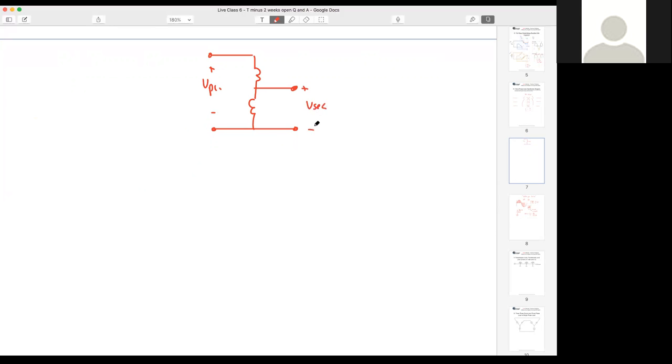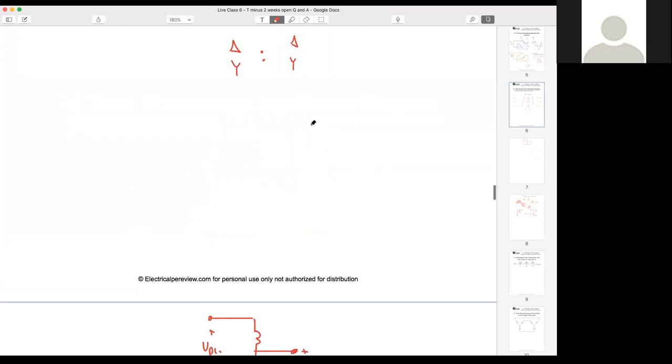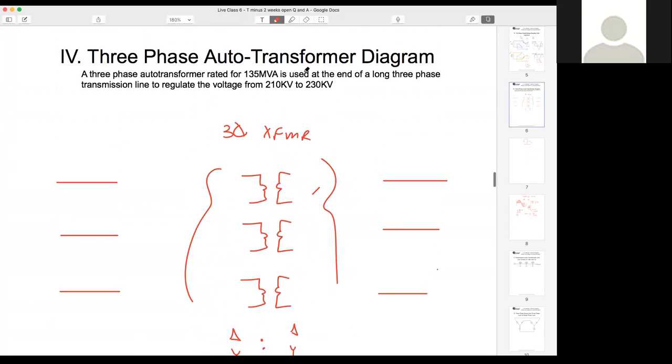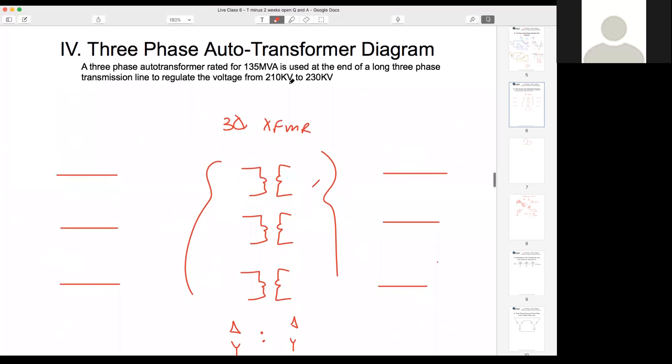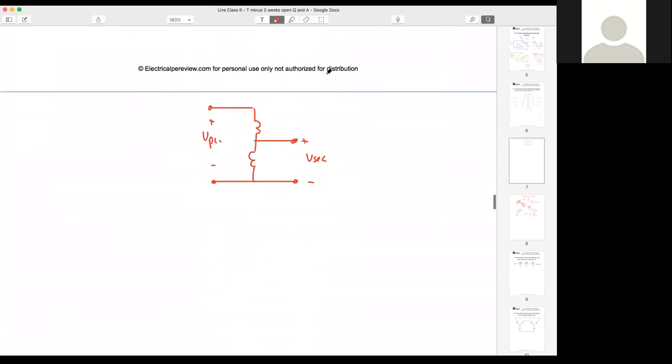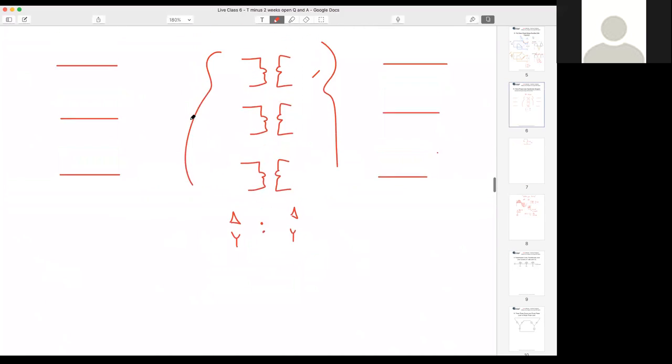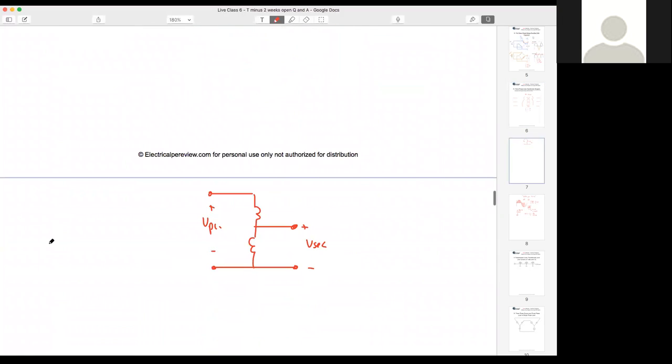Now, trick question. What was the rating of that three-phase line? It said a three-phase auto transformer rated for 135, and it regulates the voltage on the three-phase line, keyword three-phase, from 210 kV to 230 kV. So our three-phase auto transformer is going from 210 kV, stepping it up to 230 kV.